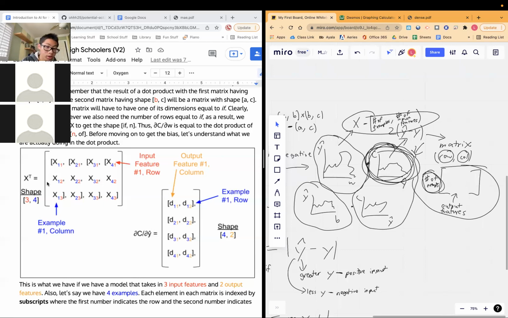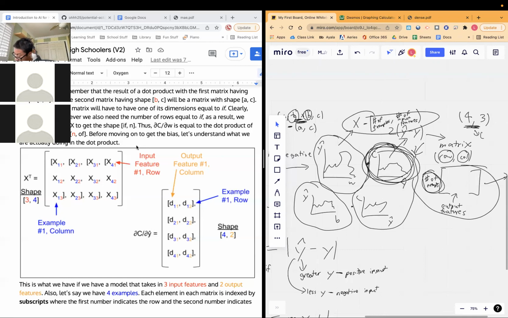That's why, since x by itself would be a matrix of 4, 3, but this guy by itself has 4 examples and 2 output features, the value of b must be the same and be on the inside, so we need to take a transpose of this.